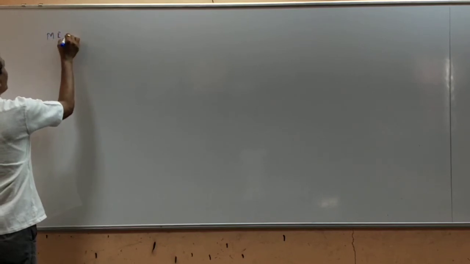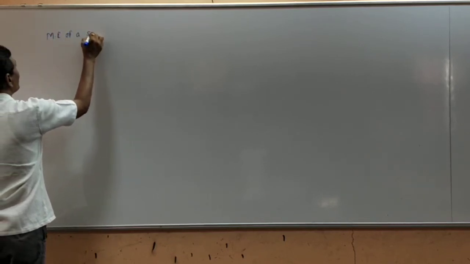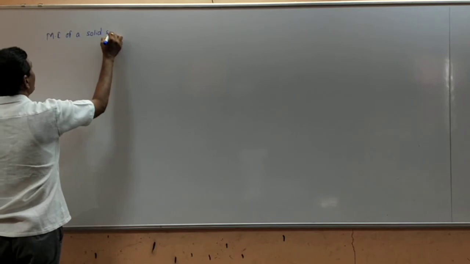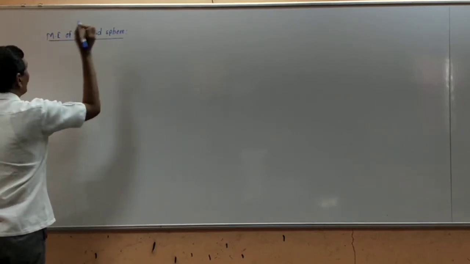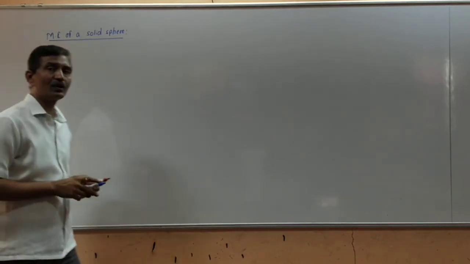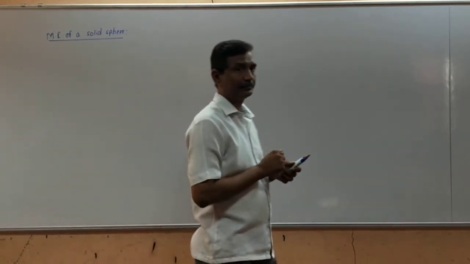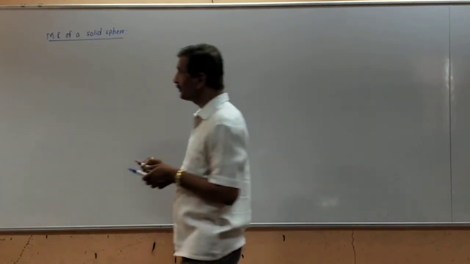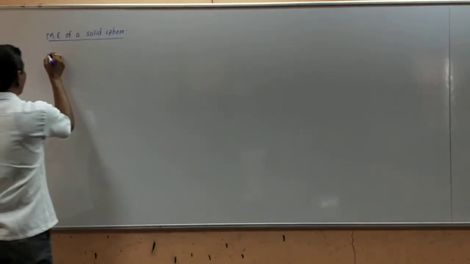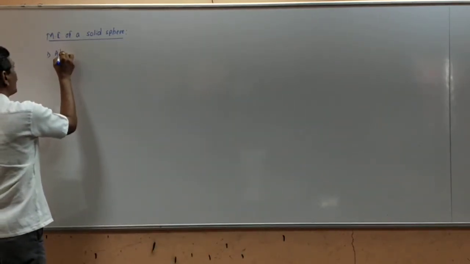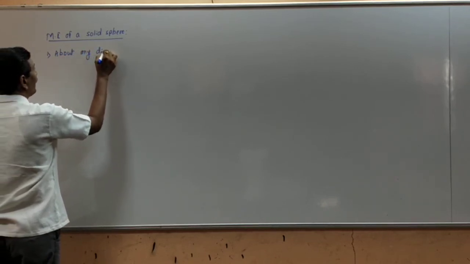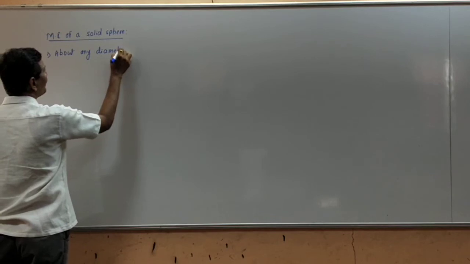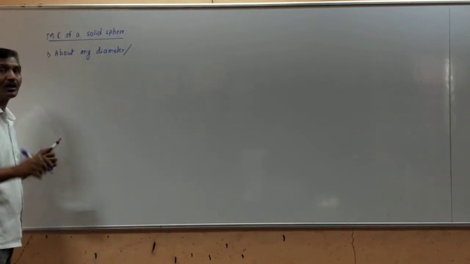Moment of inertia of a solid sphere. In case of a solid sphere, there are only two cases. Moment of inertia of a solid sphere about any diameter, and this axis is nothing but the axis passing through the center of mass.